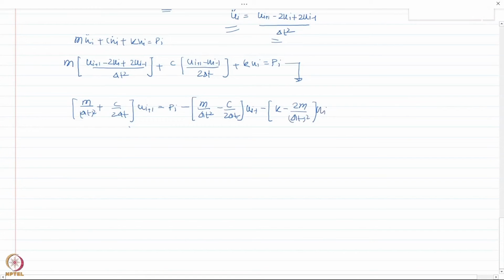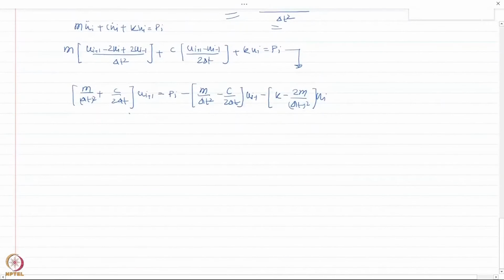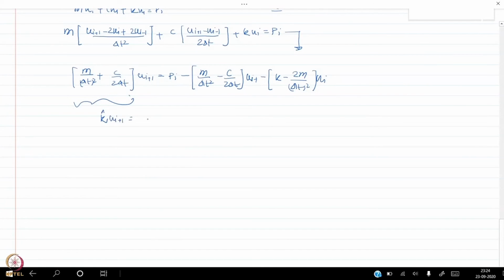So if you rearrange the equation that we have, we will get this. Now I'm going to write this as another expression, which I will denote as k hat, which represents some sort of equivalent stiffness, and this is equal to p_i hat.